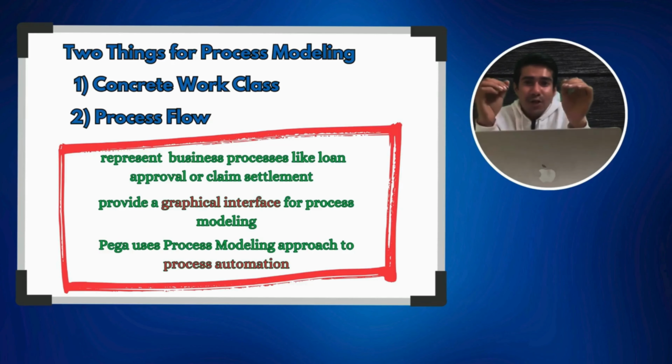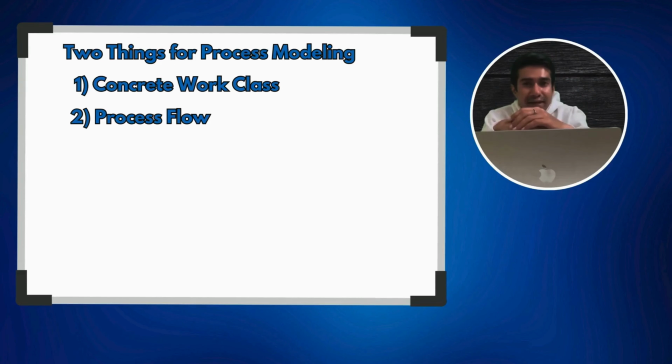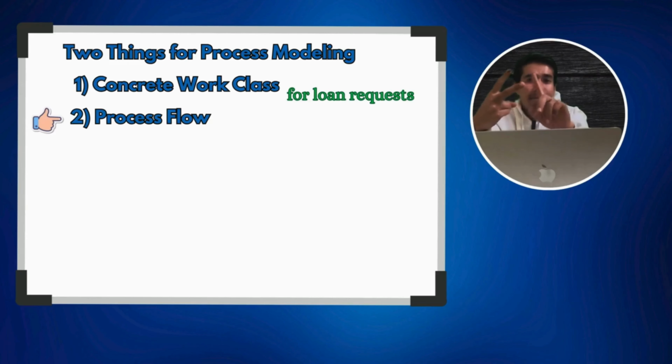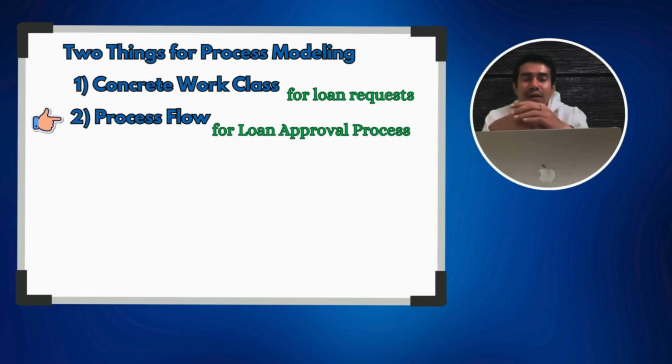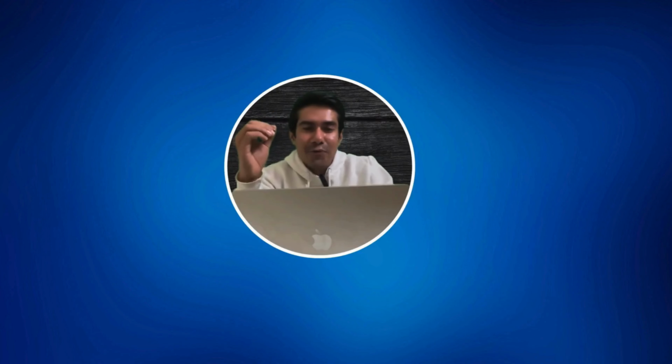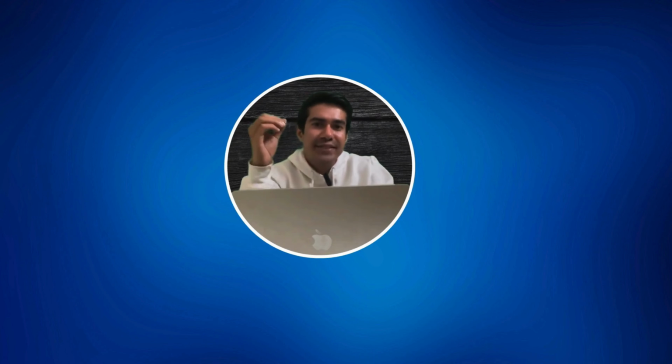To model the loan approval process in Pega, you need two things. Repeat after me. A concrete work class for loan requests and a process flow for the loan approval process. Alright, now that we know what we need, let's head over to Dev Studio and create both the class and the process flow step by step.